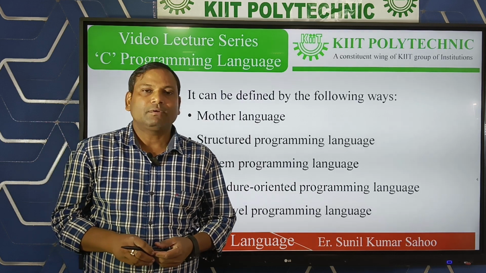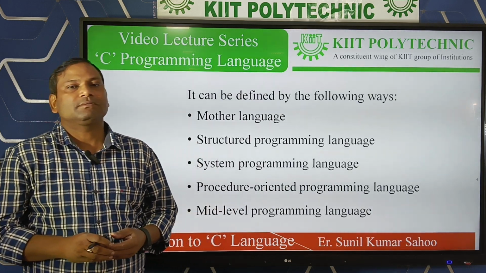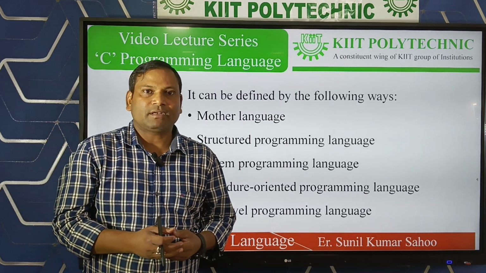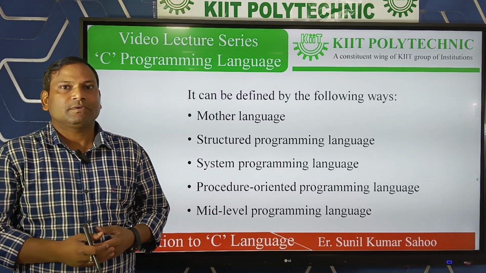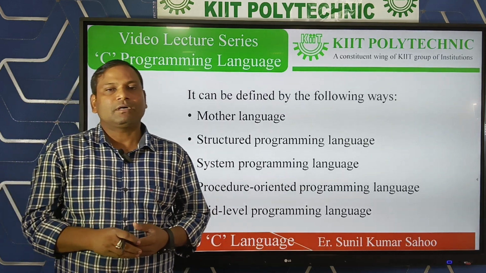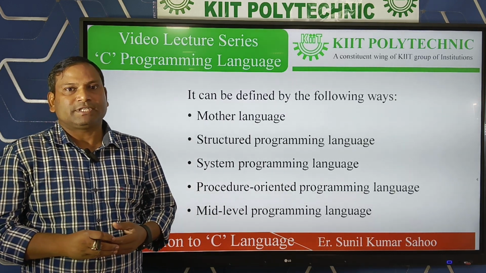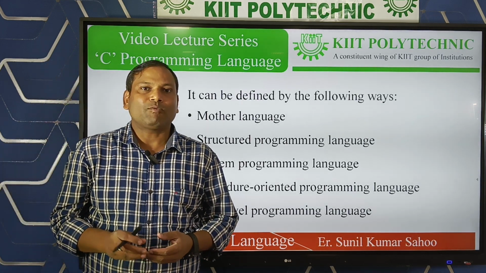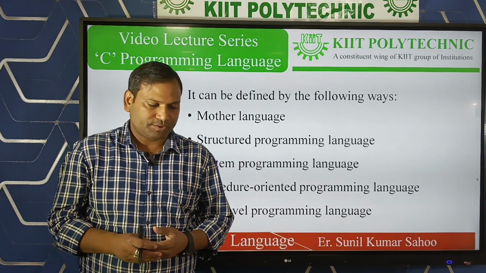For example, C++, Java, Python, C#, these are the modern languages. These languages follow the syntax of C language. That's why C language is known as modern language of computer language.